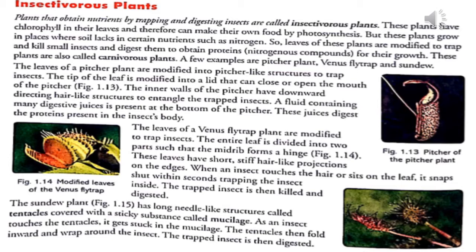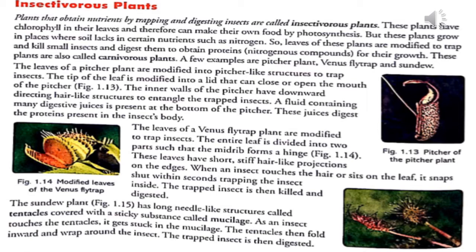Talking about figure 1.14 Venus flytrap. When an insect touches the hair or sits on the leaf, it snaps shut within a second, trapping the insect. The trapped insect is then killed and digested.